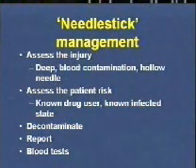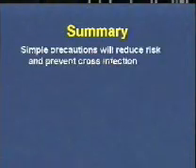In summary, the operating room is a potentially dangerous environment, with all the individuals within it exposed to risk. Simple precautions can minimise the risk to each individual and prevent cross-infection or injury to patients and staff.